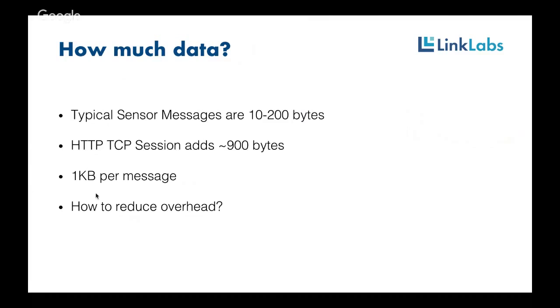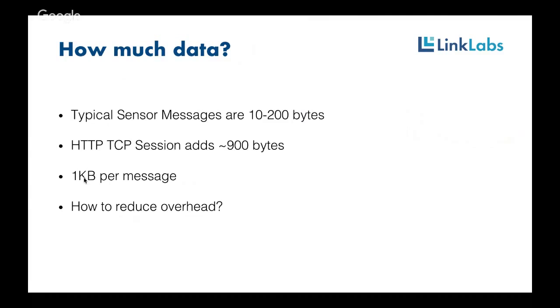But when you add the overhead associated with HTTP and TCP, which is a typical protocol stack for sending messages from devices up to clouds, you're often adding 900 bytes or more just for that one 10-byte message. So you could easily be looking at over a kilobyte just to send a 10-byte message using an IP connected technology.